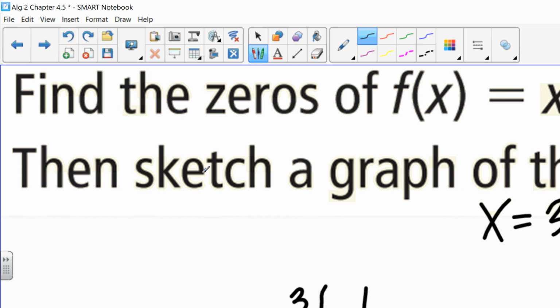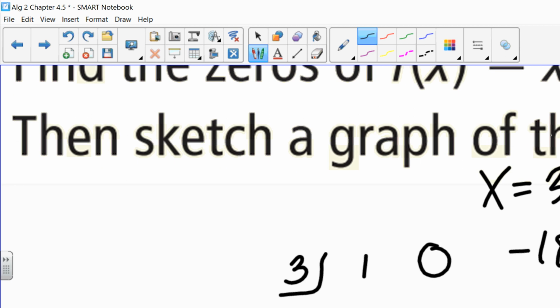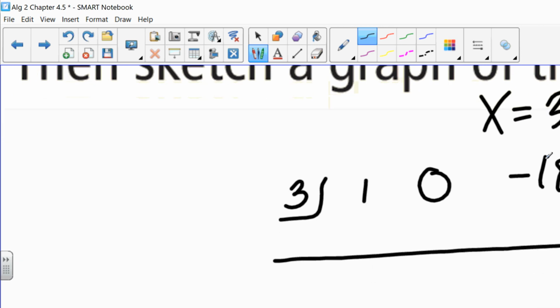Now we would have 1 for x to the 4th, 0 for x cubed, negative 18 for x squared, 0 for x, and 81, and the first thing we're going to do is drop the 1. We're going to do 3 times 1, which is 3. 0 plus 3 is 3. 3 times 3 is 9.